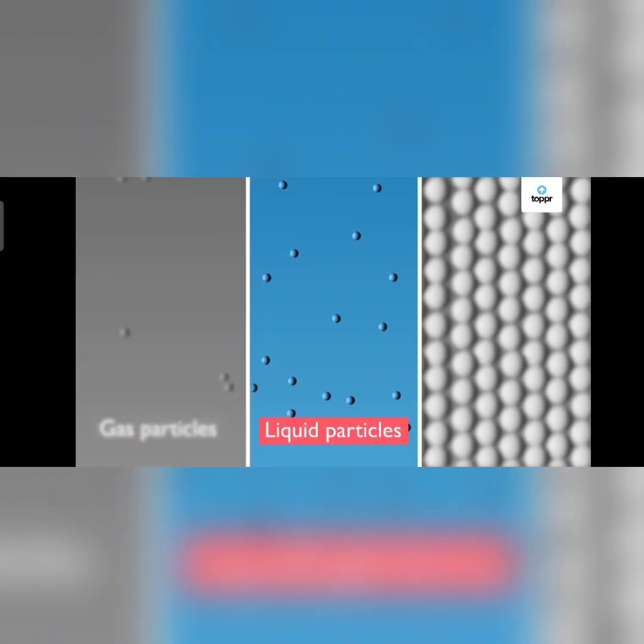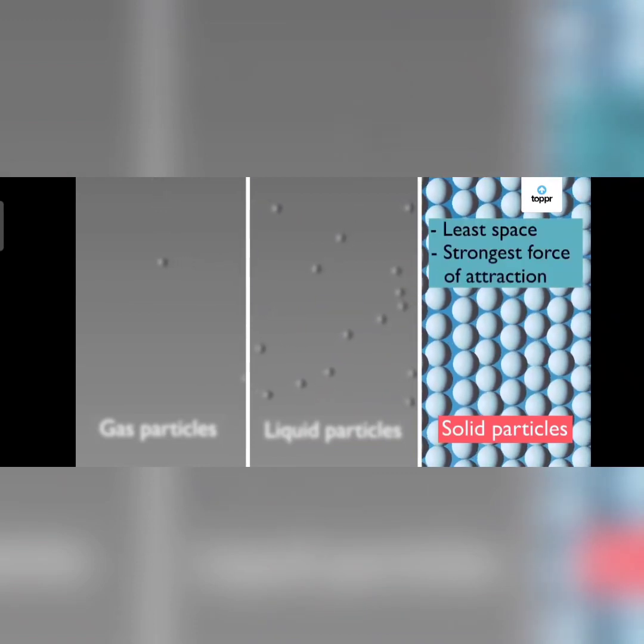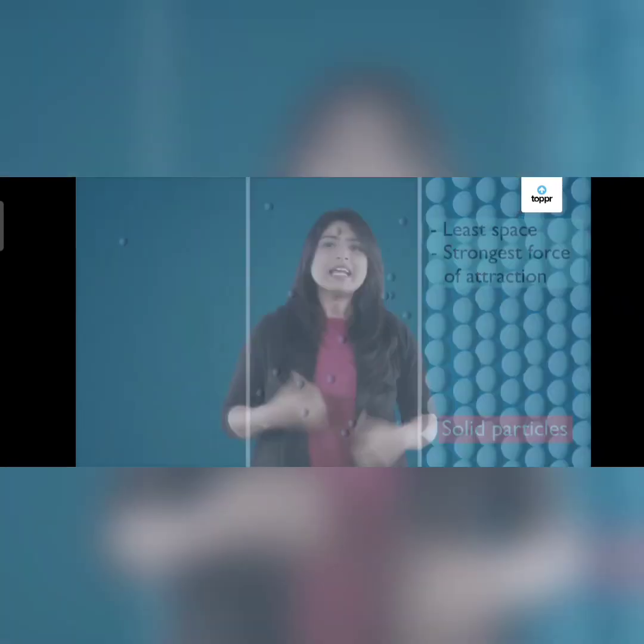The particles of liquid have less space than the particles of gas and have a stronger force of attraction. And the solid particles with the least space between them have the strongest attraction. Now that we have seen all the characteristics of particles of matter, let us draw a comparison between the different states of matter on the basis of the characteristics.